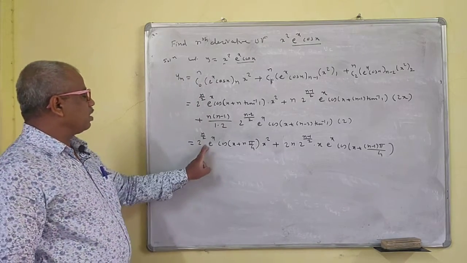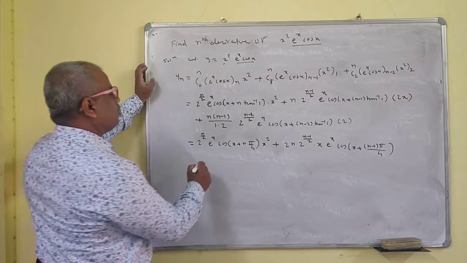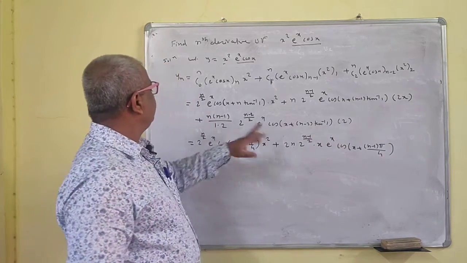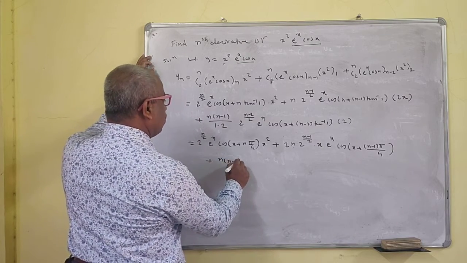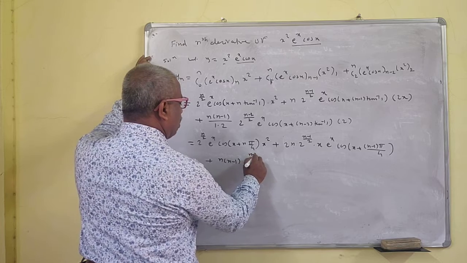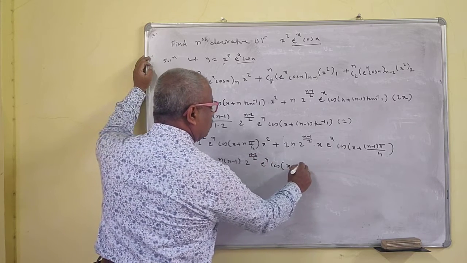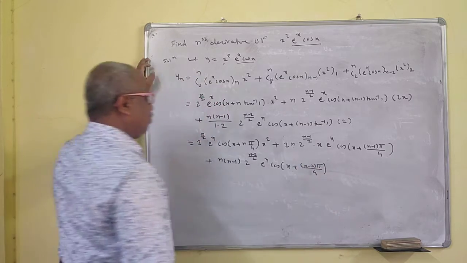Here also I can shift x square here. Plus, now this is 2, 2 gets cancelled here. So this is n minus 1, 2 raised to n minus 2 upon 2, e raised to x cos of x plus n minus 2 pi by 4.